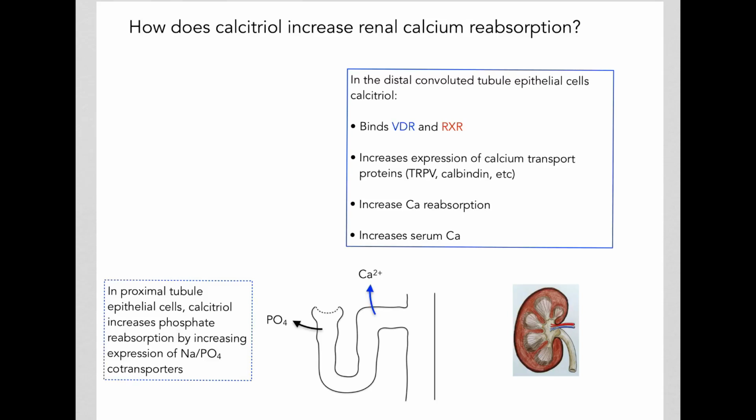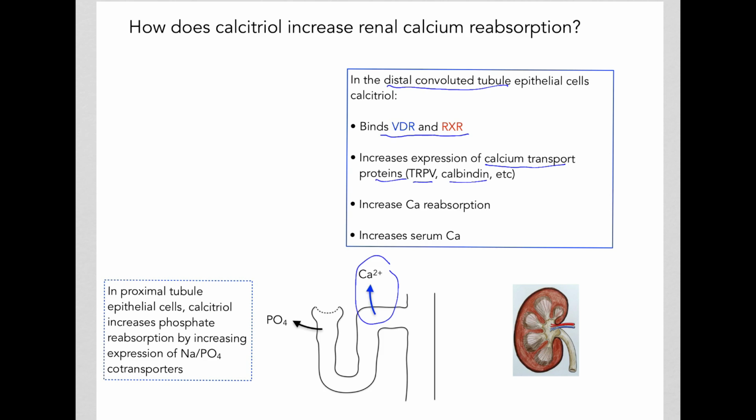Now, calcitriol increases renal calcium reabsorption, especially in the distal convoluted tubule. Calcitriol, once again, binds the VDR and RXR, goes to the nucleus of these epithelial cells, and increases the expression of all the calcium transport proteins, once again, such as TRPV, calbindin, and so on.